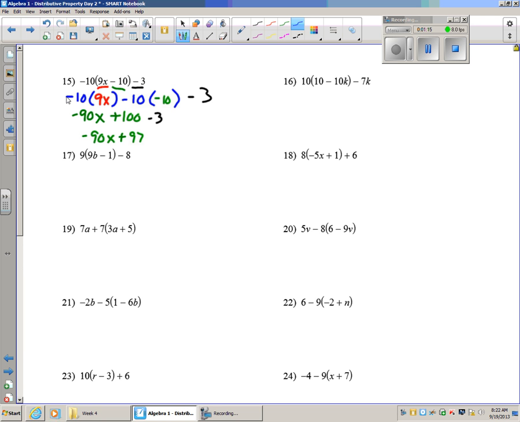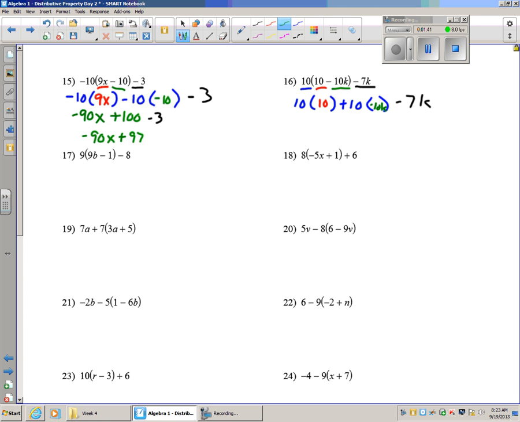Number 16, the 10 is what's being distributed, and it's going to two different things. And the negative 7k just drops down. The first term is 10, and the second term is negative 10k.